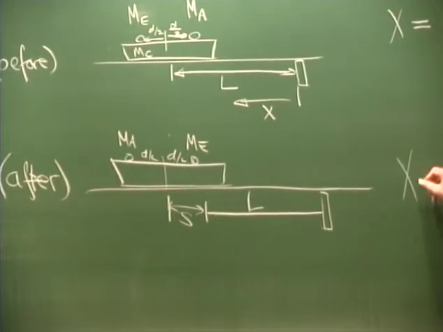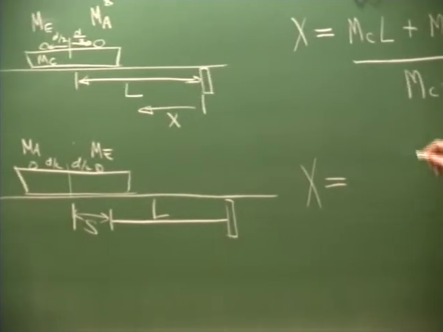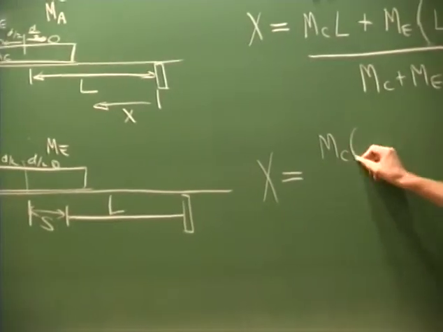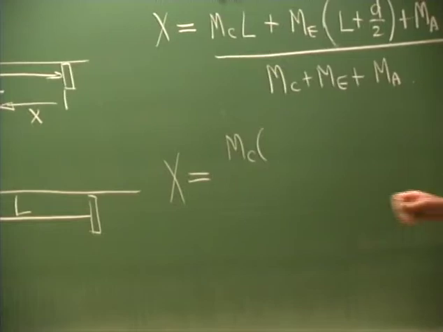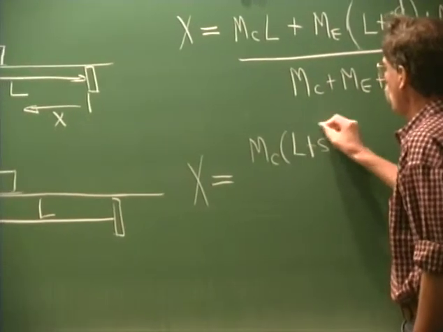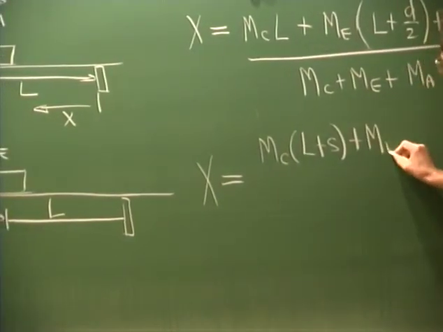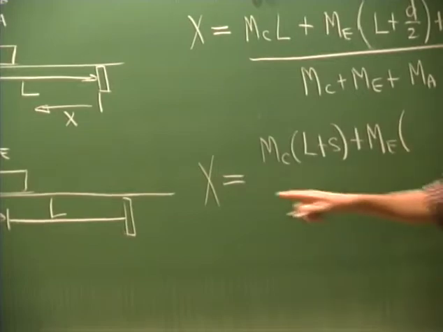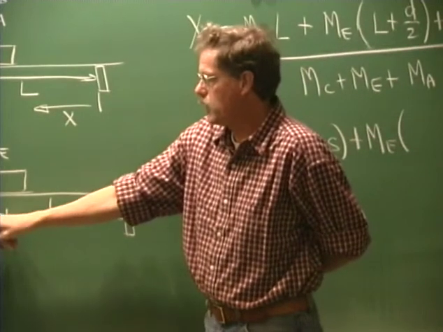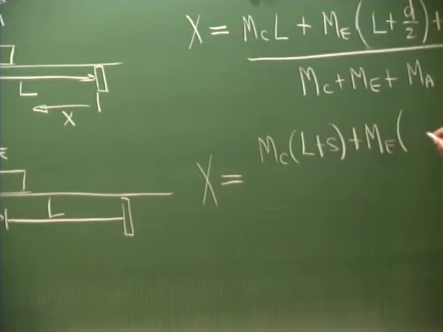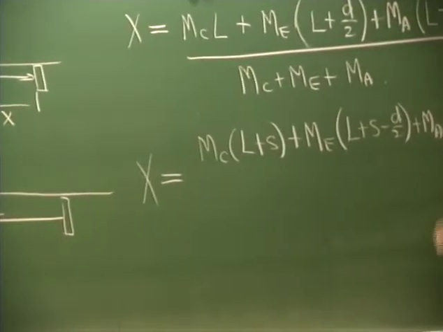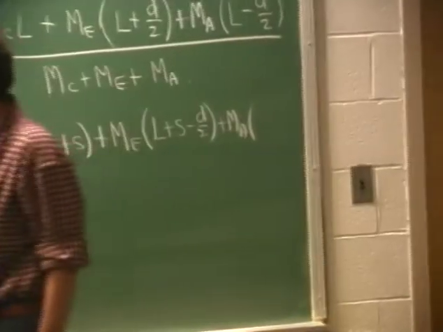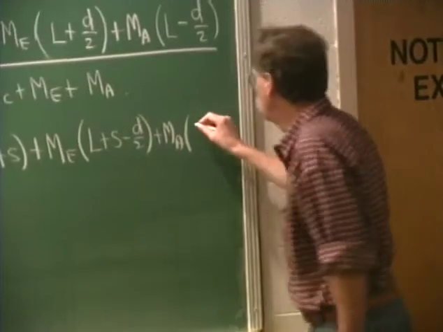So what's the center of mass now? The canoe, first of all. How far away is it? L plus S. Eric, he is L plus S minus D over 2. Angela, L plus S plus D over 2.